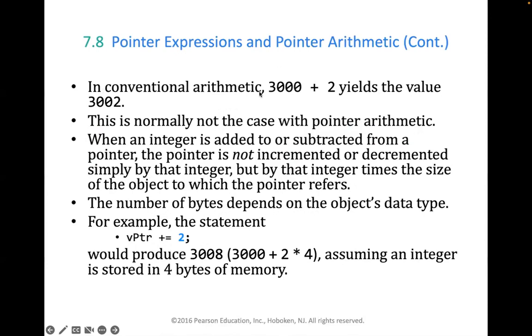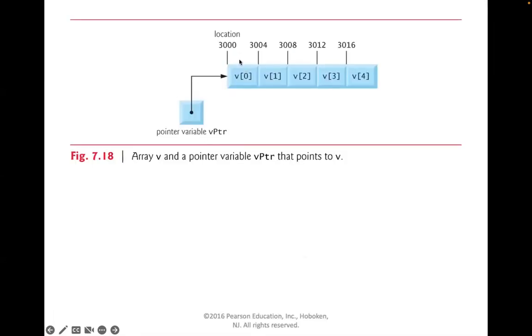So when we use the addition operator, 3000 plus 2, we get the result 3002. But when we use a pointer, we need to move element by element, right? So this means the pointer should jump by 4.